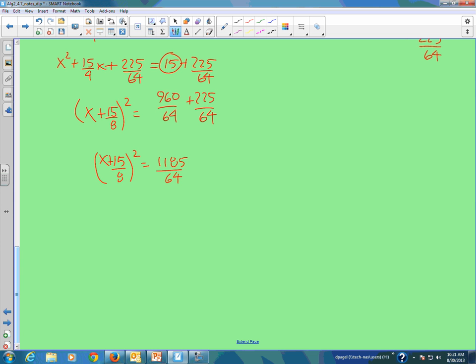And here we can square root both sides. Square root of 1185 over 64.